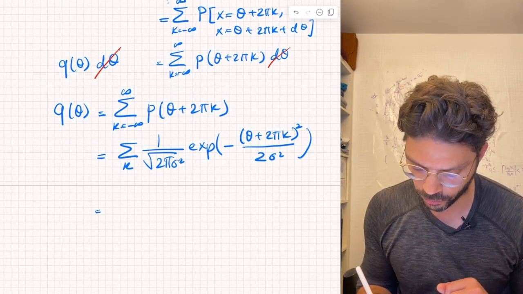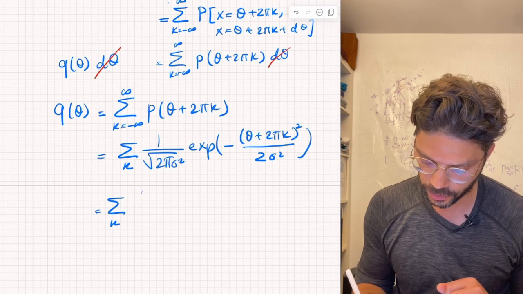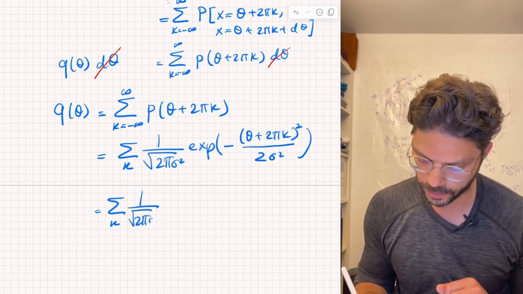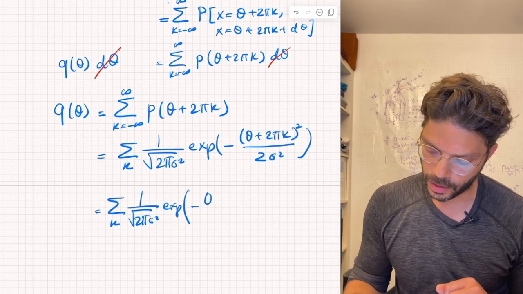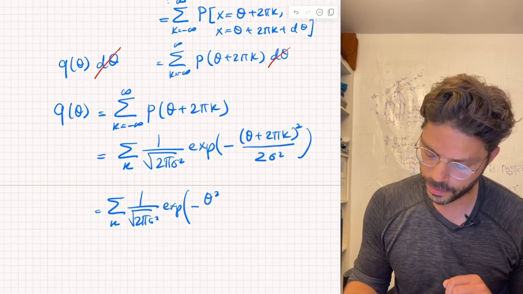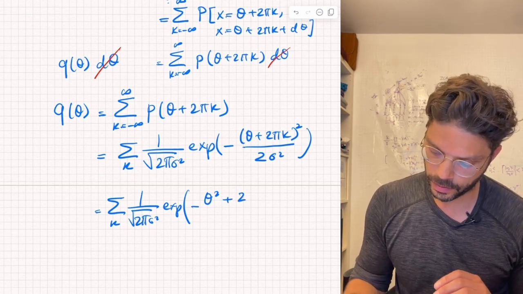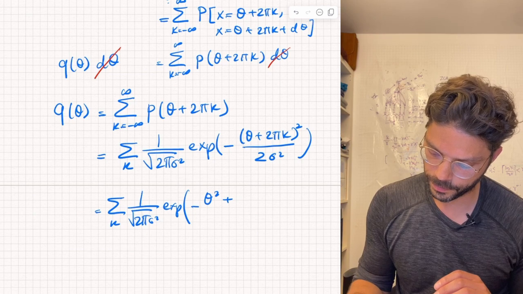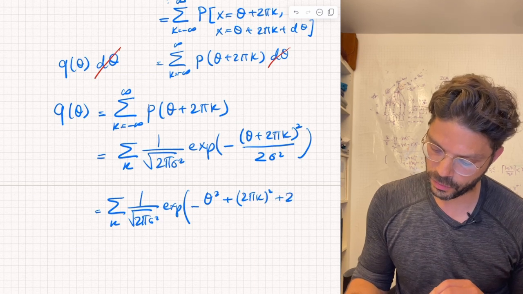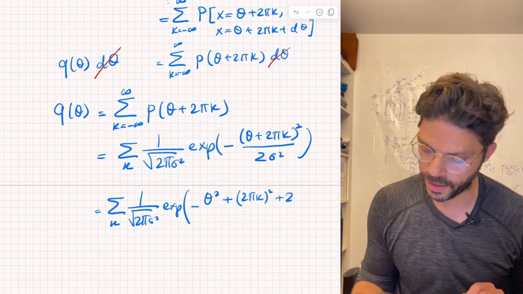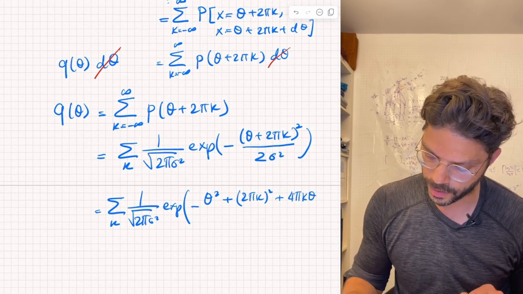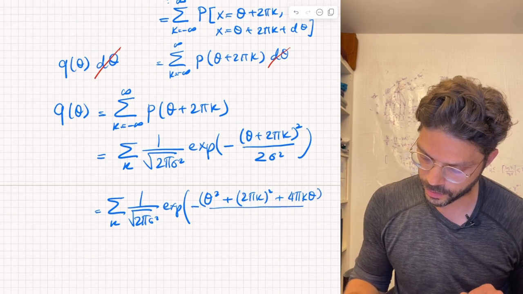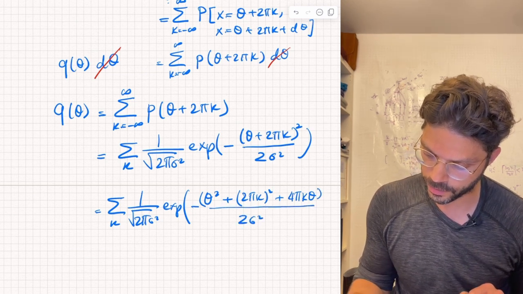So this is going to equal, again, the sum on k, 1 over root 2 pi sigma squared times the exponential of theta squared plus 2 pi k squared plus 2. So the 2 is going to multiply the 2 pi, so it'll actually be 4 pi k theta, and all of that over 2 sigma squared.